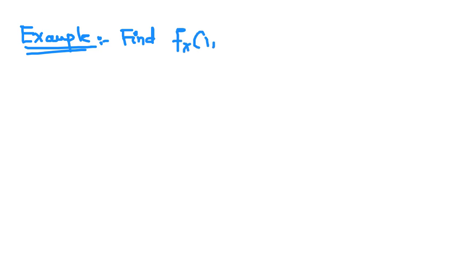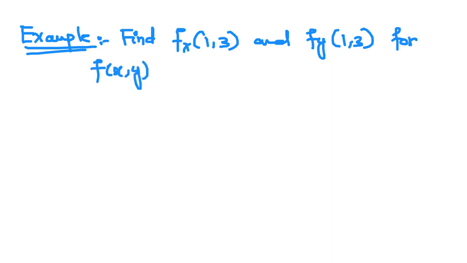For example, find the partial derivative at x equal to 1 and y equal to 3 for the function f of x, y, which is equal to 2x power 3 y square plus 2y plus 4x.